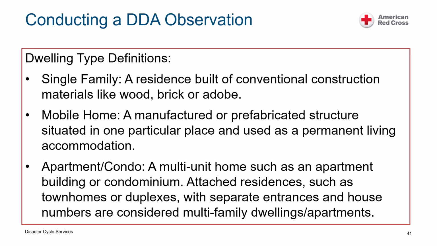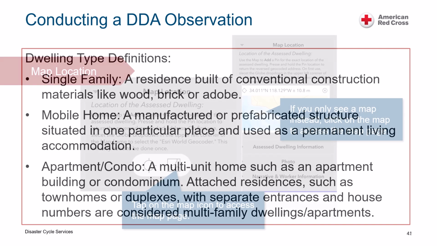An apartment/condo is comprised of more than one residence attached as a single structure but having separate entrances, such as apartments, condominiums, townhomes, or duplexes. This type may be selected when there are multiple residential structures that share the same address on the same property, but may be distinguished by a lot number or unit number.